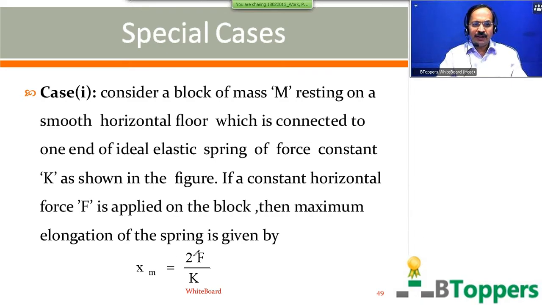If a constant horizontal force F is applied on the block, then the maximum elongation of the spring is given by x subscript m equal to 2F by k. Come on, copy down this conclusion first, so that in objective type question papers you may use the conclusion directly.